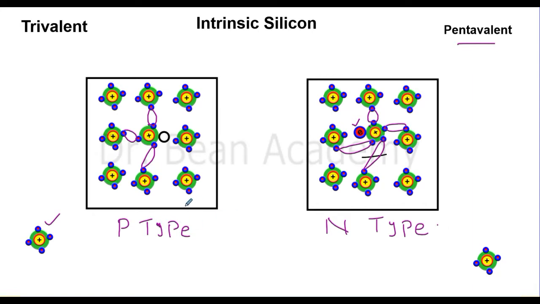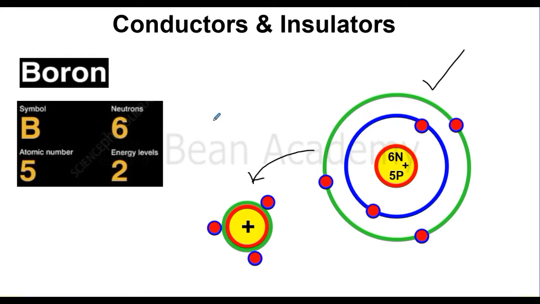Here I want to add one more piece of information, that most of the atoms are electrically neutral. For example, a trivalent atom such as boron has 6 neutrons, and neutrons are electrically neutral, so we don't have to worry about them.